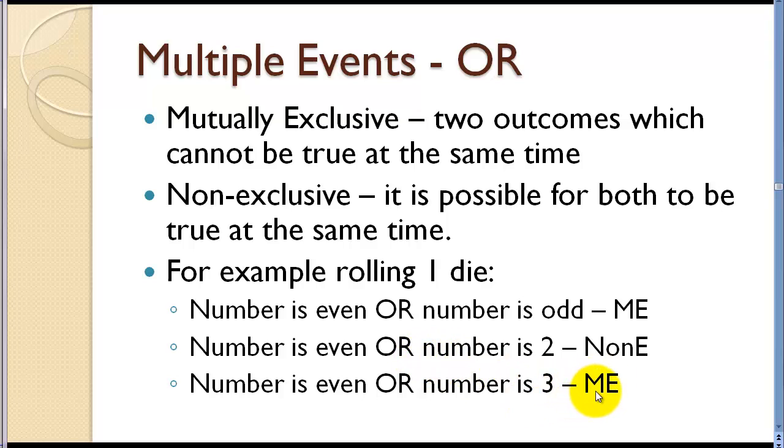This would be another example of mutually exclusive. A number could not be 3 and also be even. Now the reason we need to think about this is that the formulas for when we do probabilities are different depending on whether the events are exclusive or not.